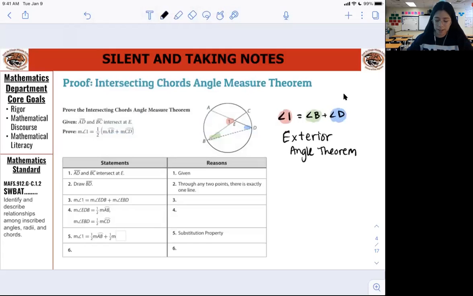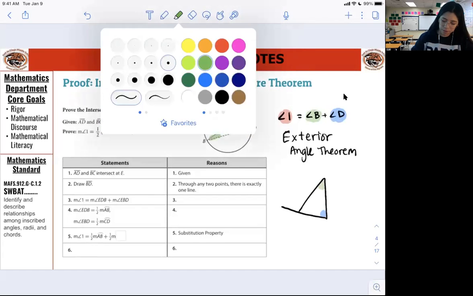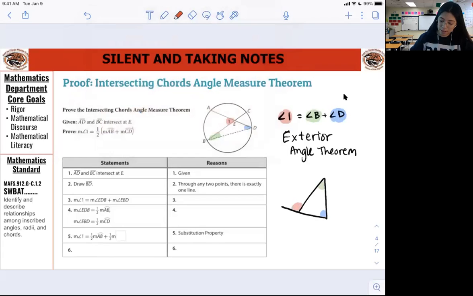It's a really old one; I think we literally touched on it once and then never again. But basically the exterior angle theorem just says that these two angles will be equal to the exterior angle. So if this is 1, this is 2, and this is 3, angle 1 plus angle 2 equals angle 3.